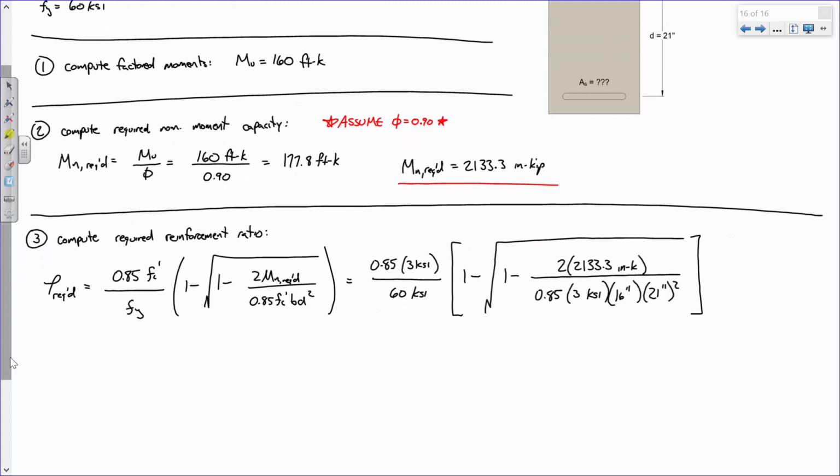So again, the formula is nasty, but does anybody remember something about rho values when you compute them? They're small numbers. So it's okay if it comes out small. In fact, that's kind of what you want. Give me something like 5 decimal places, because rho values are small and you want specificity with it.